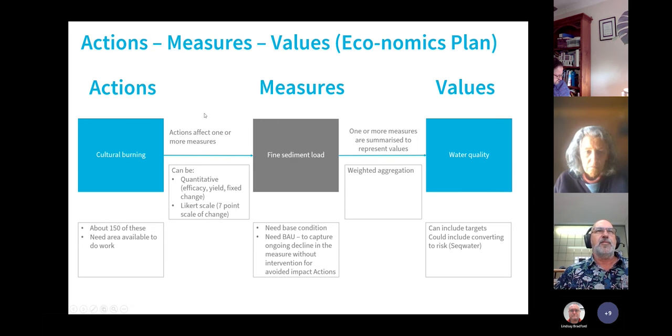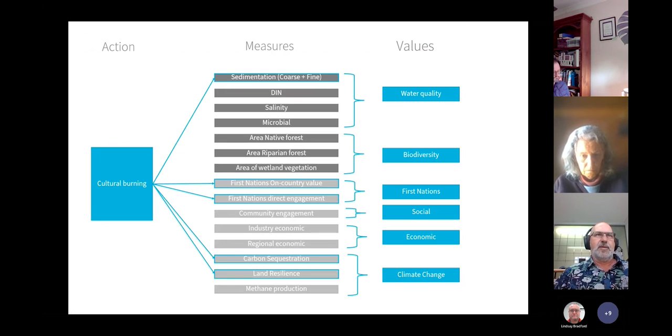In the upcoming workshops, we'll talk about what the computational approach will be. Today, it's really about making sure we've got this list right and this list right. For any particular action, it can have an impact on multiple measures.